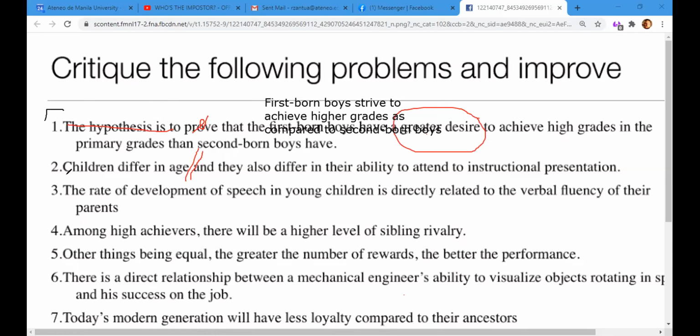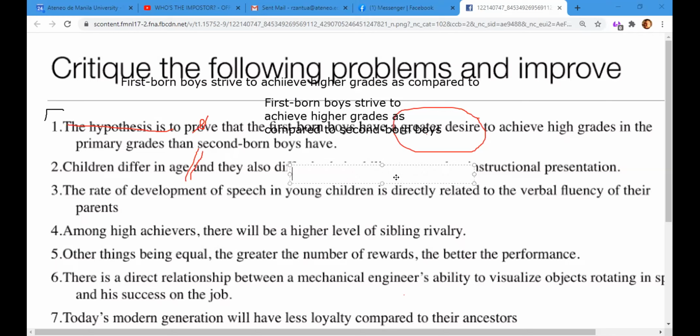What does this mean? Children different age? Hindi ba gano'n naman talaga? I think yung differences are supposed to be split by age. How do you do that? So, the second one wants to say na the IV is age and the DV is that thing you just covered.